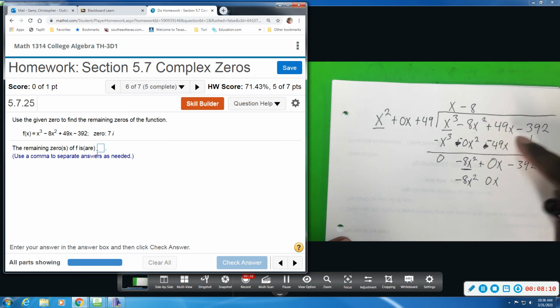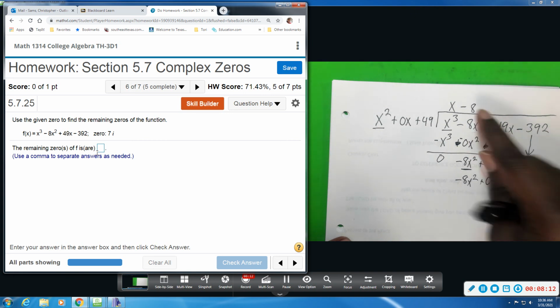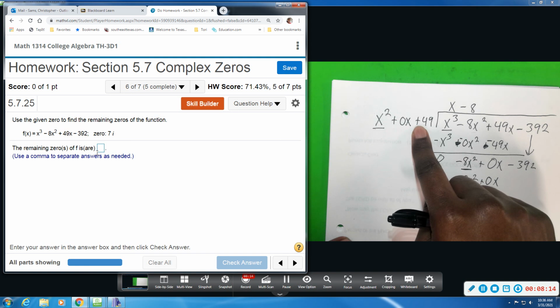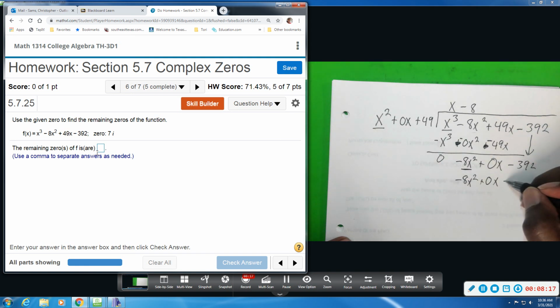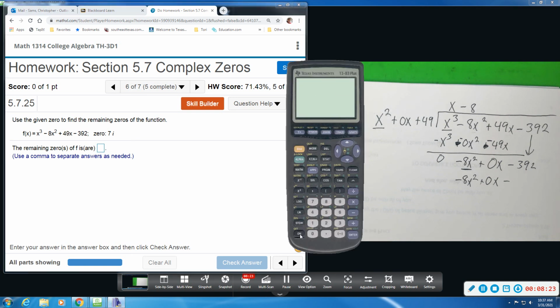And then we will do negative 8 times 49. Okay, negative 8 times 49, bigger number than I want to do mentally. So we will do negative 8 times 49, and that gives us a negative 392.